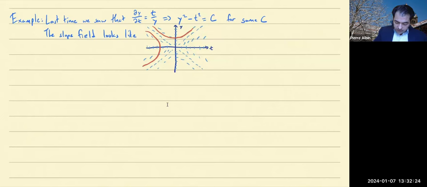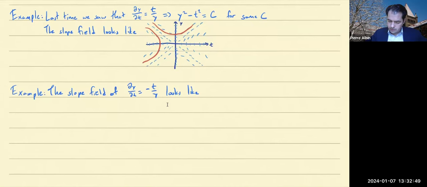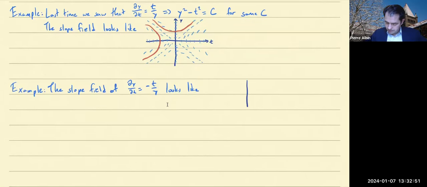Let's modify this example slightly and work out another one. Let's consider the slope field of the equation dy/dt equals minus t over y. Again, let's give ourselves a plane.